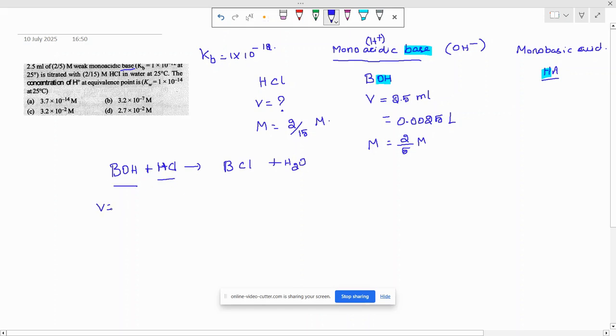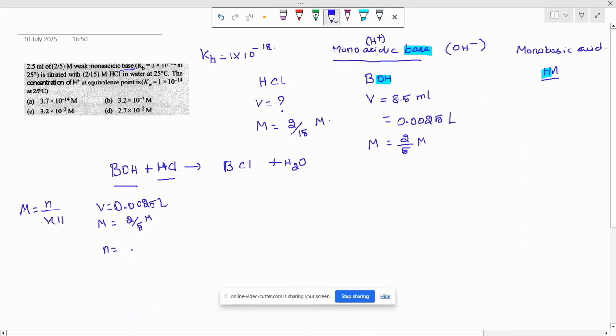Here we know the volume 2.5 ml and we know the molarity also. So we have converted that into liter, so it is convenient for us to write in liter format, and then molarity will be 2/5. So here we can find out the number of moles of BOH. Molarity is nothing but the number of moles divided by volume of the solution in liter.